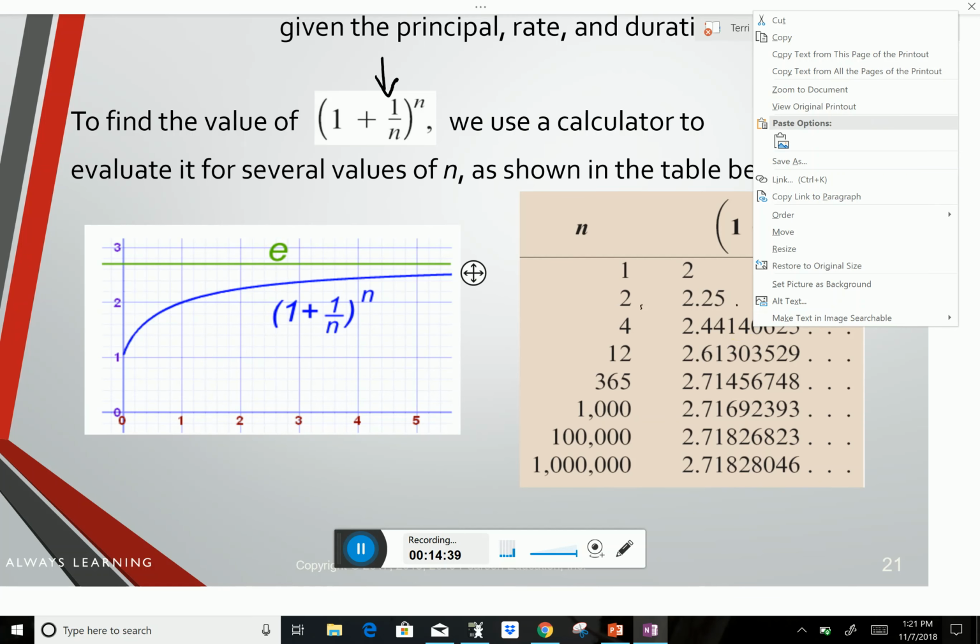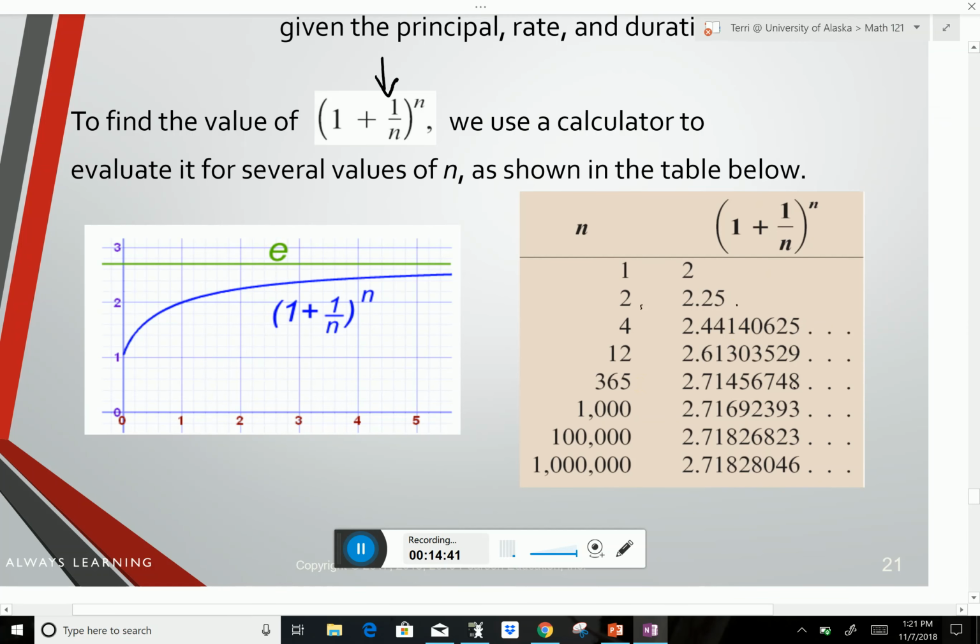If I do 365, it's 2.715. If I put in 1,000, 100,000, or 1,000,000, you can see what's happening. We're getting closer and closer to a certain number. And on the graph, I'm getting closer and closer to this asymptote, if you will, called e.